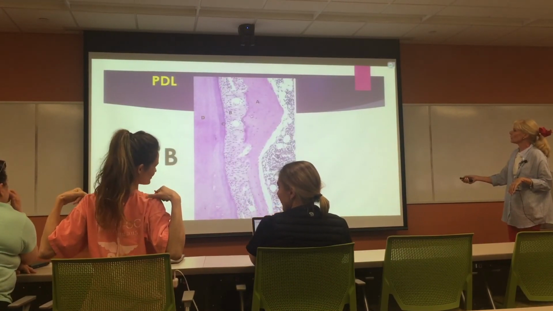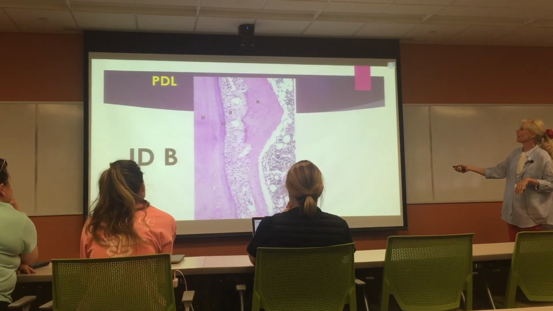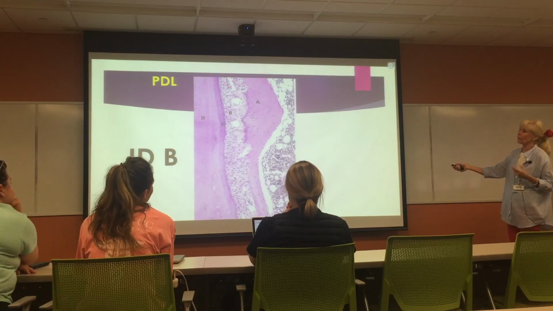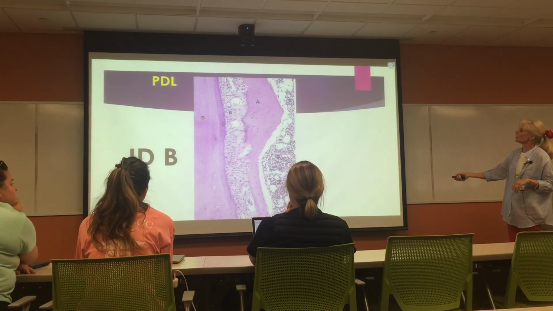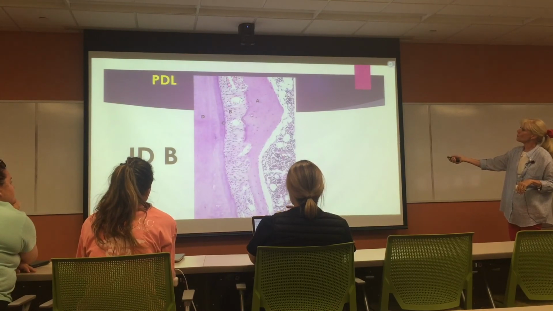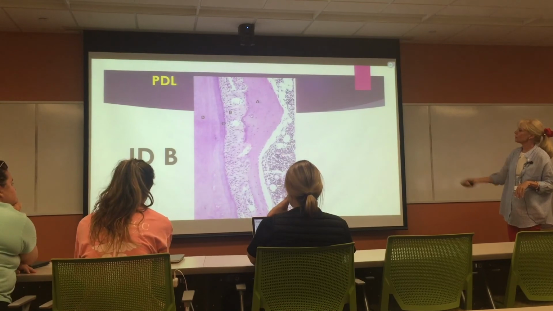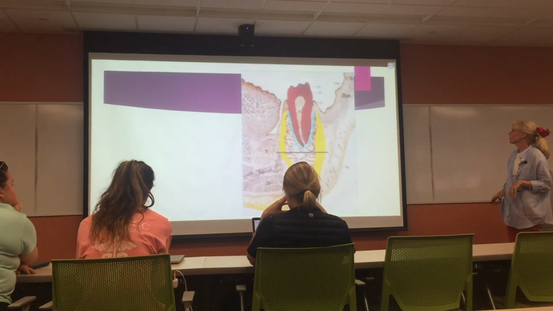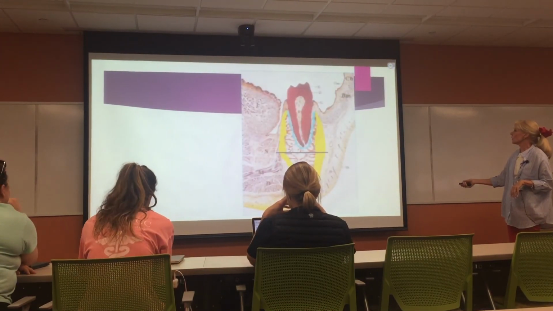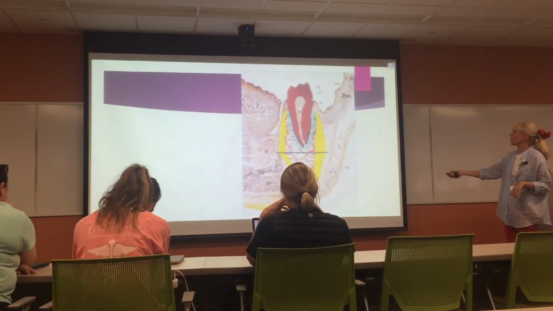Okay, can you tell what this tissue is? What are these spaces? Do you remember what these areas of the alveolar bone are?